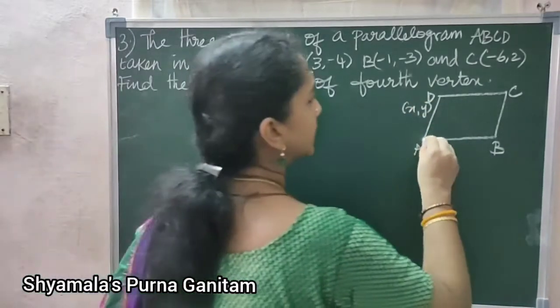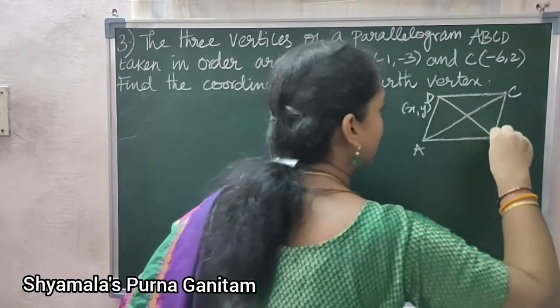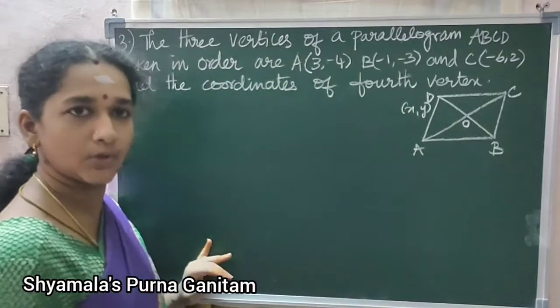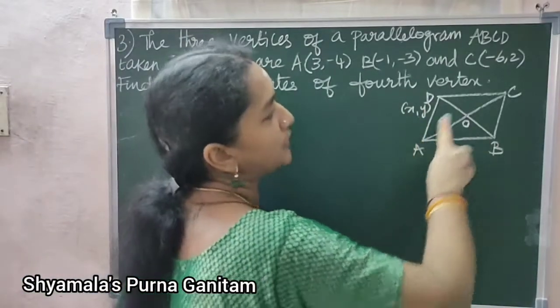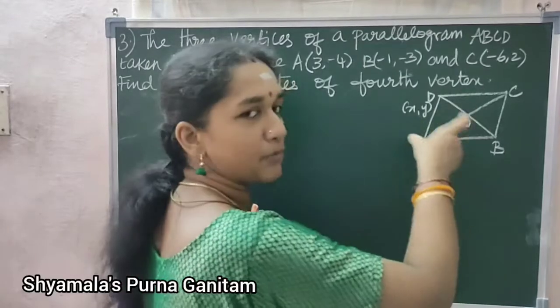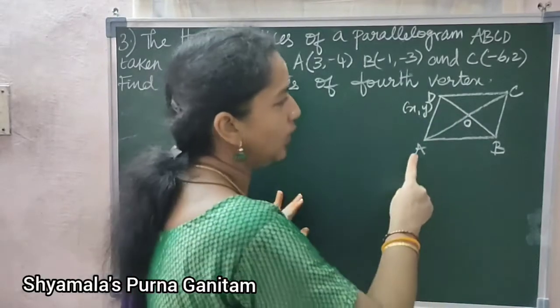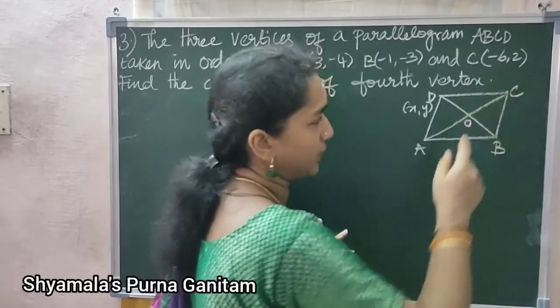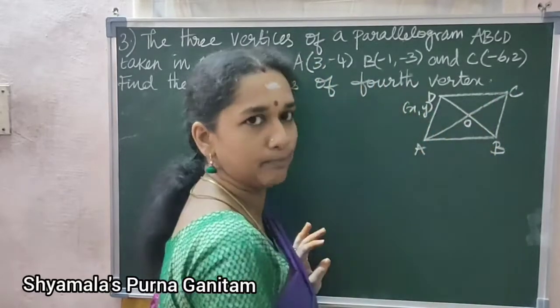So we know that the diagonals of the parallelogram intersect at one common point. Okay. Both the midpoints of the diagonals are equal. So with the help of that, we are going to do this. So when you find the midpoint of AC, O is the midpoint of AC and also of BD. Okay.